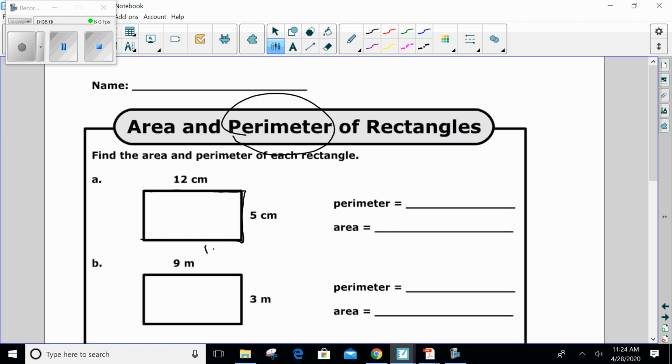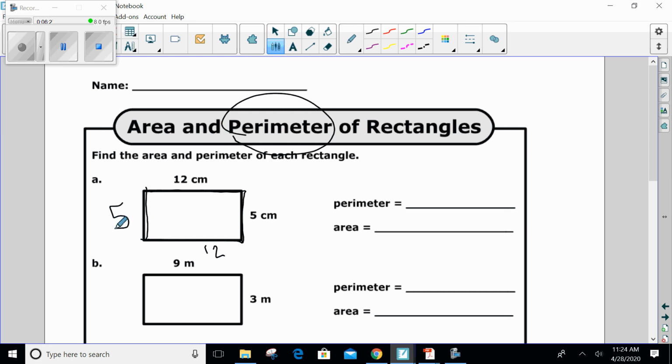So this side is 12 because I know in a rectangle the opposite sides are congruent. They're the same size, same shape. If I go up and all the way around to that same vertex, then we know this opposite side is going to be 5 centimeters.